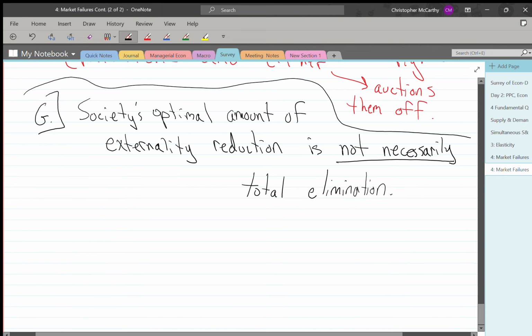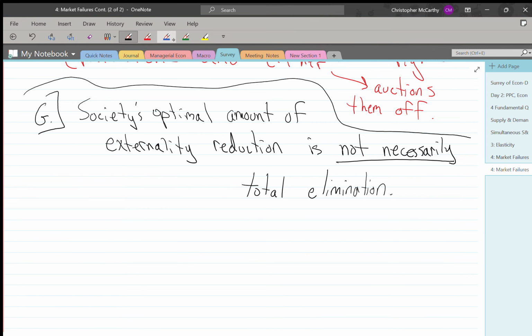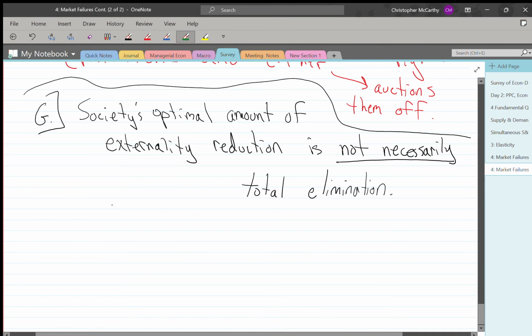So in order to find the correct amount of pollution, which sounds really odd when we think about it, right? But there is such a thing in economics land.